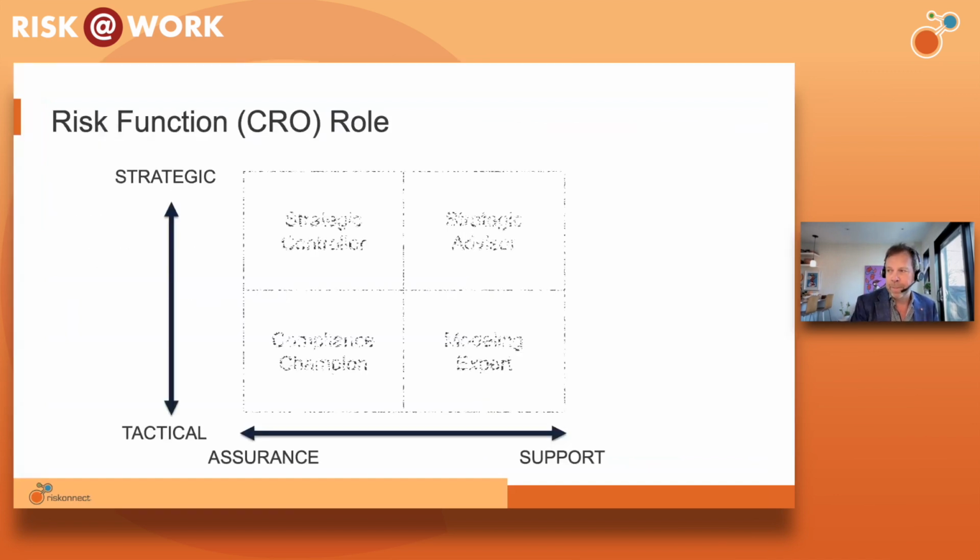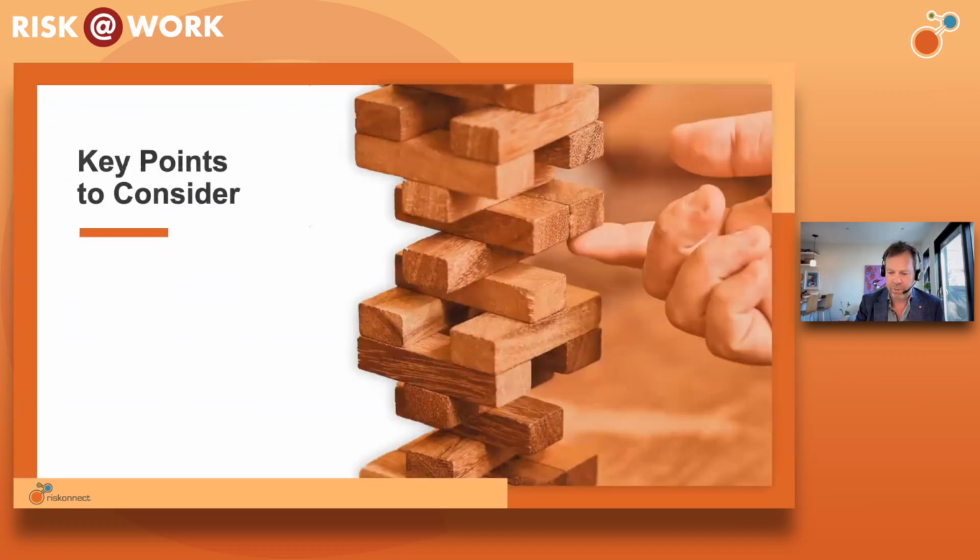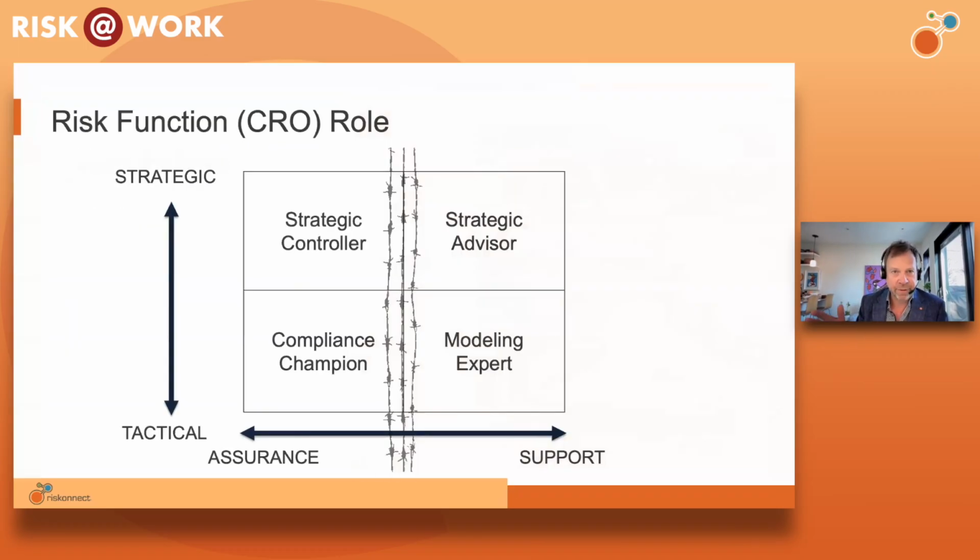Okay, so usually risk management functions don't just fit neatly into just one of these quadrants. You can combine strategic controllers and compliance champions. Sometimes strategic advisors will also have modeling groups under them or decision support groups. But here's the thing. You can't straddle the barbed wire. If you try to be an assurance function and a support function, if you're trying to be both a cop and the priest to whom people confess their sins at the same time, you will effectively run into trouble.